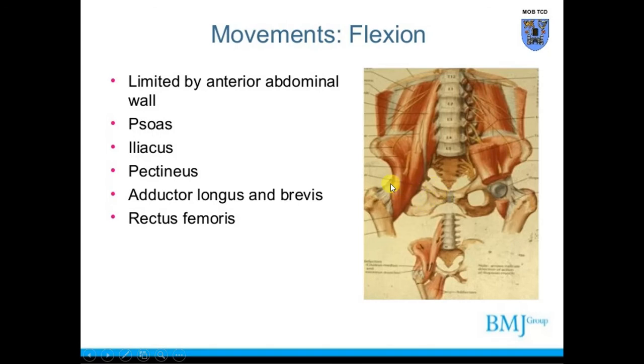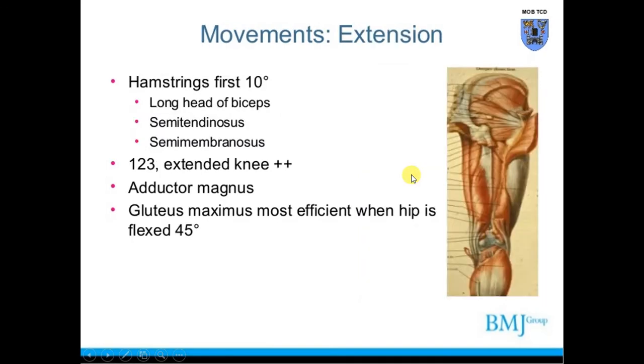All these structures passing anterior to the joint will cause the flexion. Extension: the muscles lying posteriorly, the hamstring muscles, semitendinosus, semimembranosus; the first 10 degrees is by the hamstring muscles, with the knee extended.